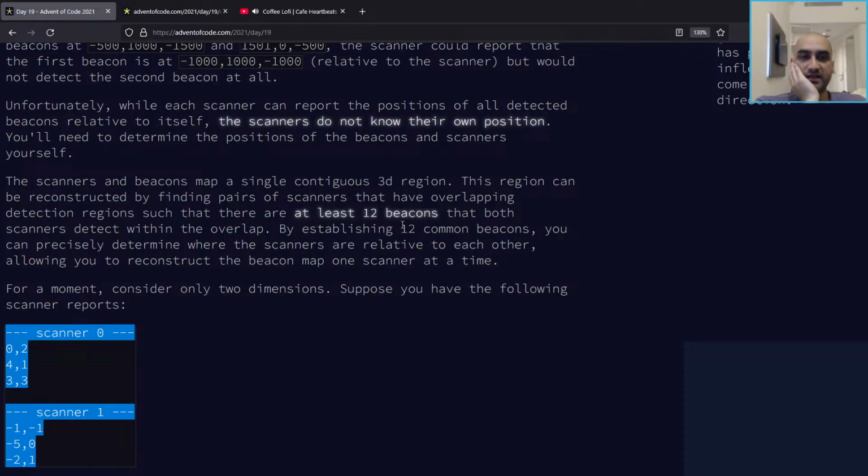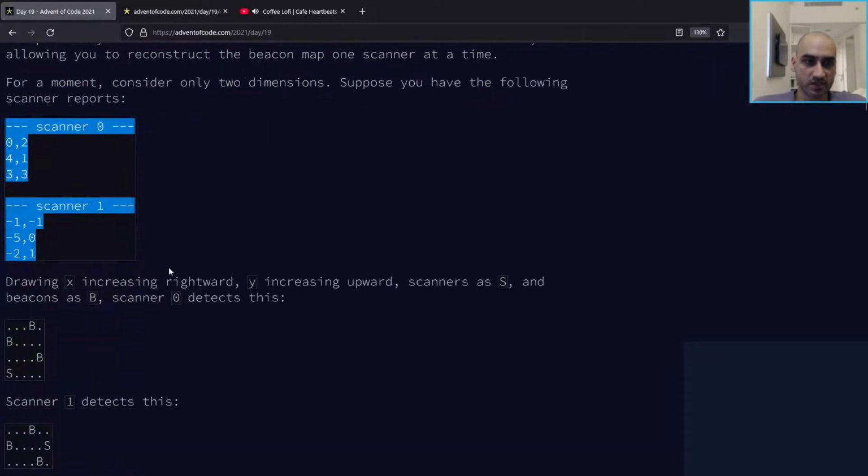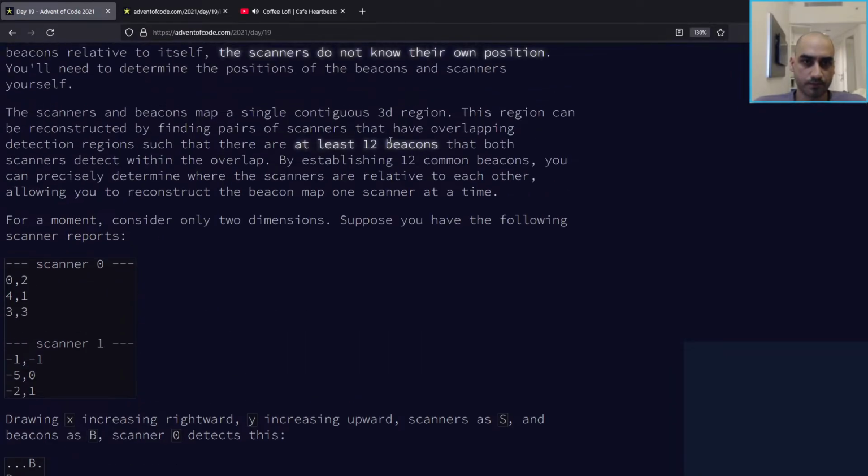So how do we find... Okay, we know there's only 2 scanners in existence in this example. So it says we're trying to find pairs of scanners that have overlapping detection regions. Are they basically saying there definitely exists at least one such pair? But they're not actually saying that. What you have to find is matching distances between beacons, if I'm not misunderstanding.